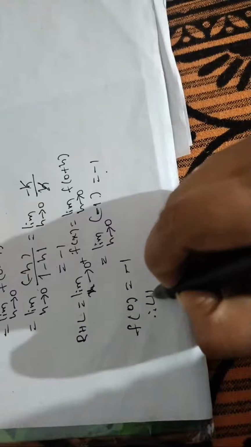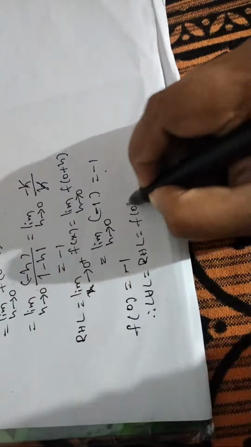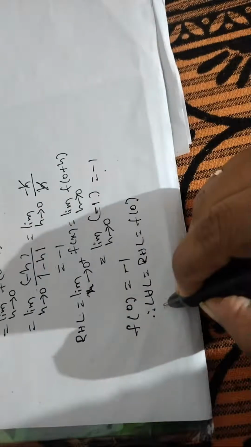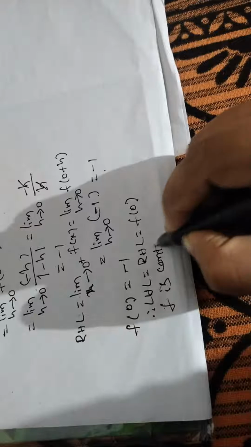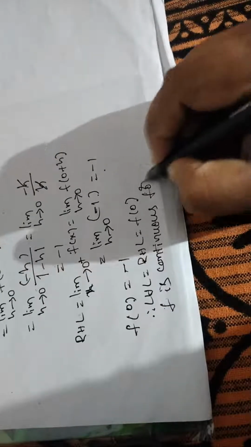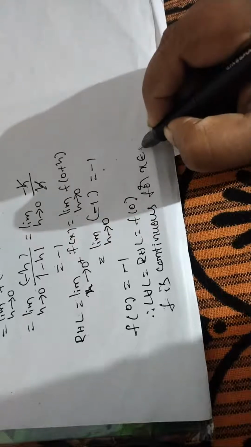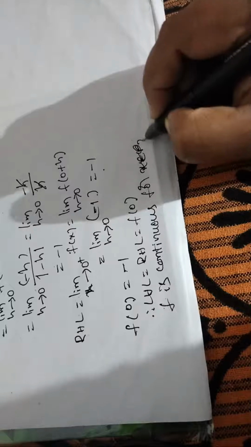Therefore LHL is equals to RHL is equals to f of 0. Hence f is continuous for x is equals to 0.